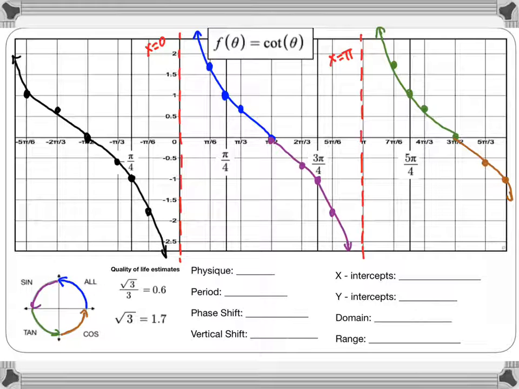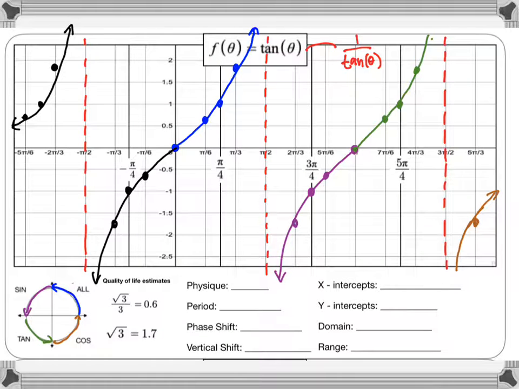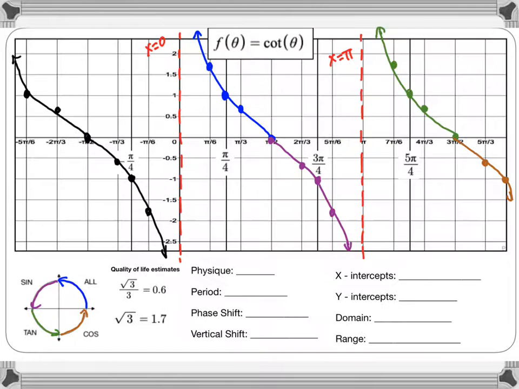Okay, so here is cotangent over almost a couple of periods, because I just wanted to get the central part correct so we can use it. But one of the interesting things is, since they are reciprocals, notice that everywhere that tangent has an x-intercept is going to be an asymptote for cotangent.